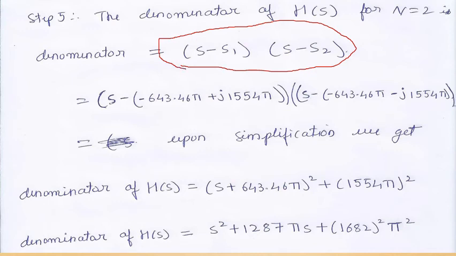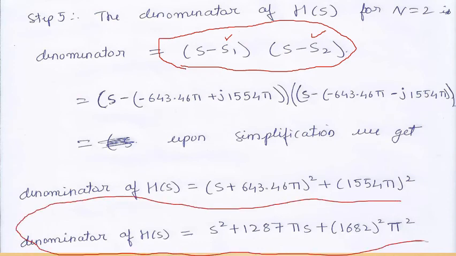Wherever we have S1, we substitute the value of S1, and here we substitute the value of S2. The simplification step is left for you all to do. Upon simplification, we get the denominator of H of s as s square plus 1287 pi s plus 1682 square multiplied by pi square.